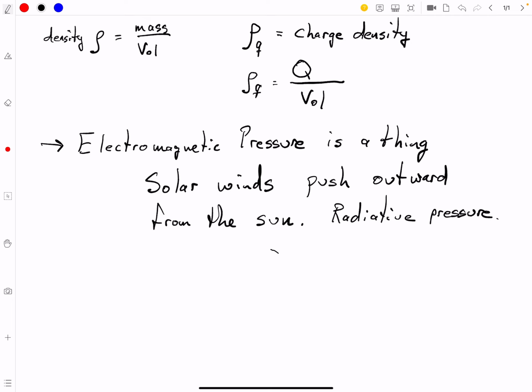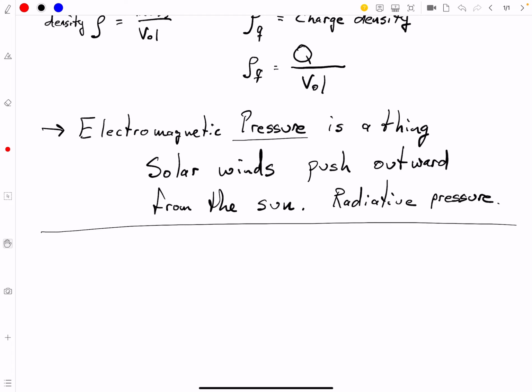And like I said, I don't know how much of that we're going to look at. So this part might just be for your own sake. But we have studied pressures, and they are the same pressures. It's just now they're generated electromagnetically. Okay.